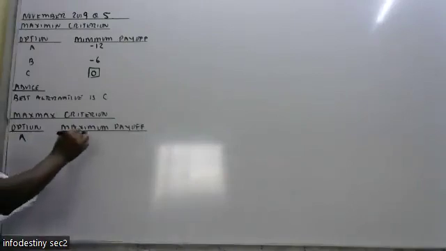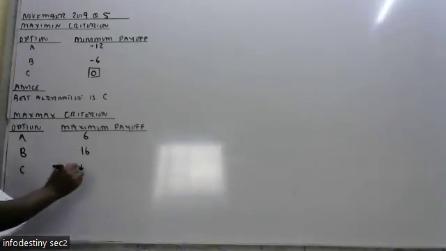When you take option A and run through it, the maximum is 6. When you go to B and again run through, the maximum is 16.